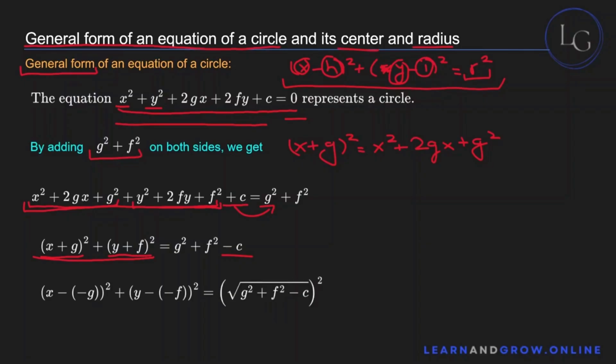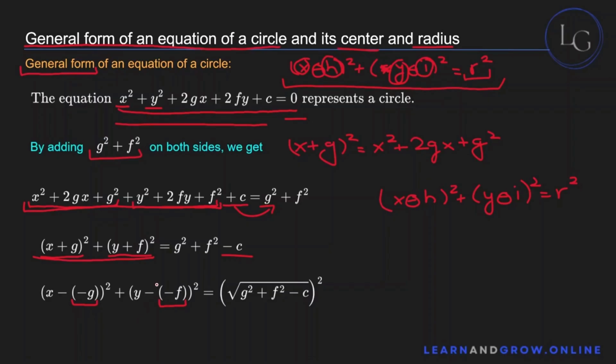Now what you must do is, since you know that in the general form you have negative signs, right? Let me just again write this down. This is the general form of the equation of a circle, and you see these are negative signs. So now, instead of writing x plus g whole square, you write (x minus negative g) whole square and (y minus negative f) whole square, right?